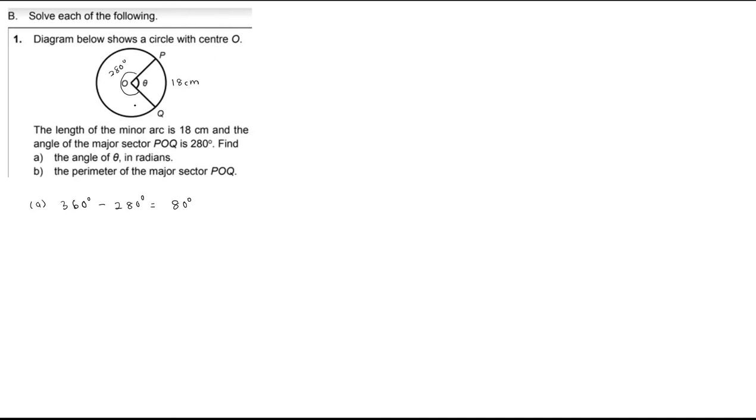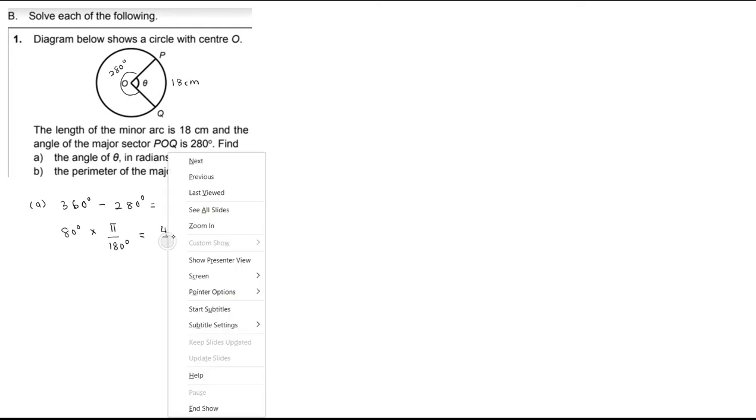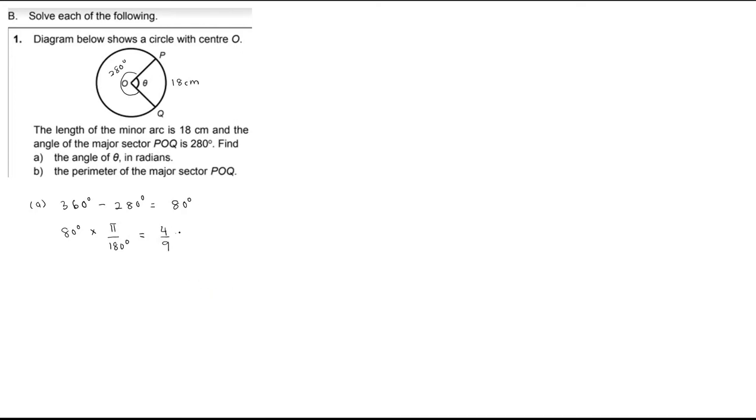We want to convert into radian, so 80 degree multiplied by pi over 180 degree. So we get 4 over 9 pi radian. So here theta is 4 over 9 pi in radian.